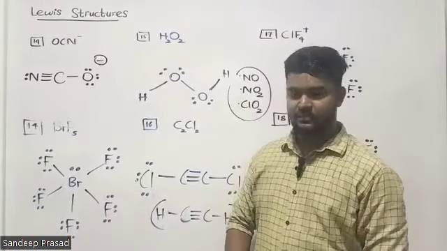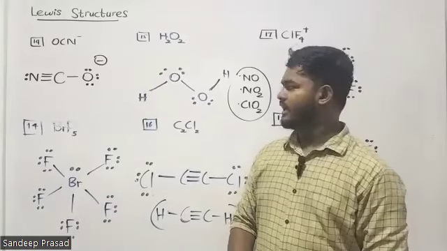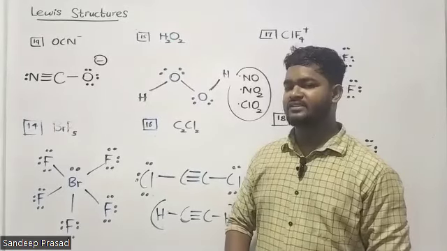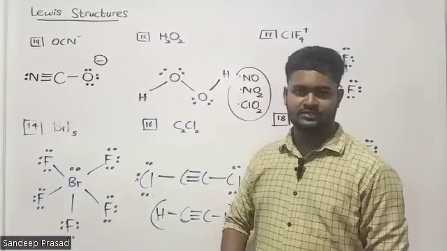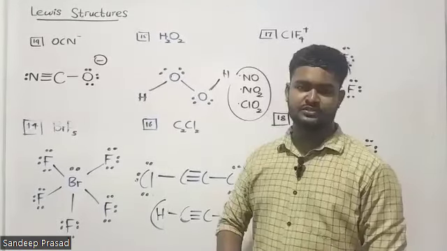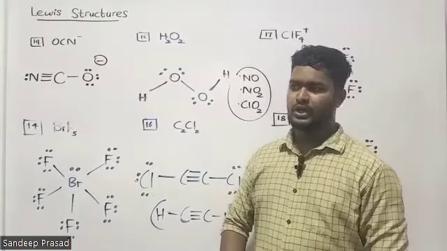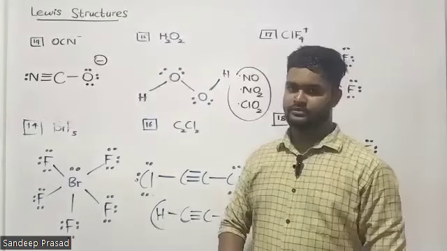In OCN minus, definitely there should be a charge. Without having a charge, how can that oxygen exceed the octet? How can this anion exist? So therefore, there should be a charge. Sometimes we need a charge. Without a charge, we can't draw the structure. Understood?